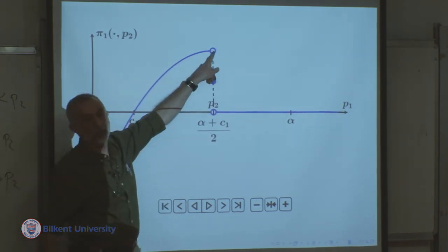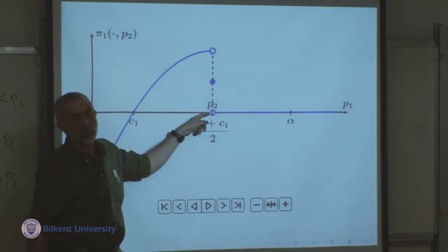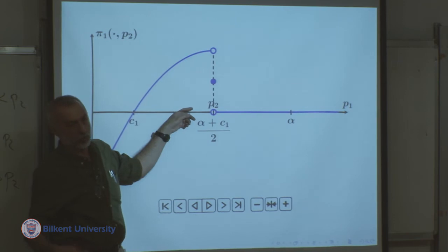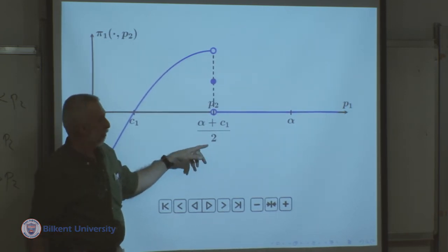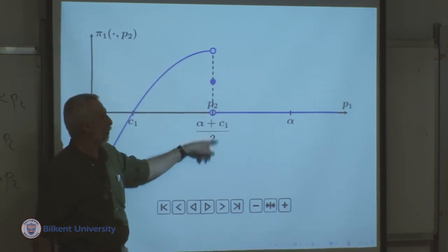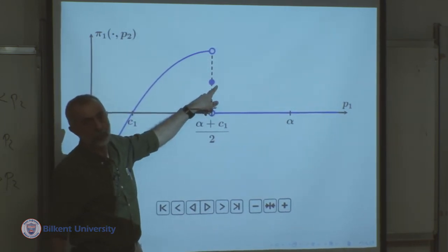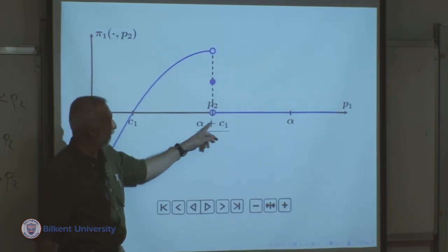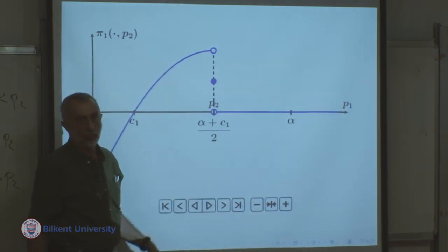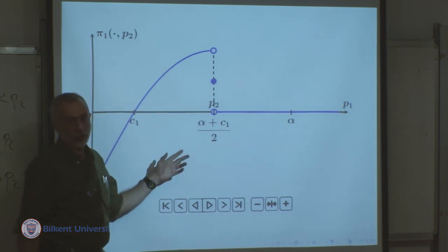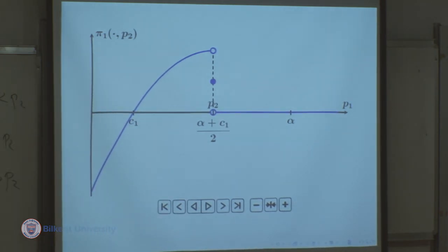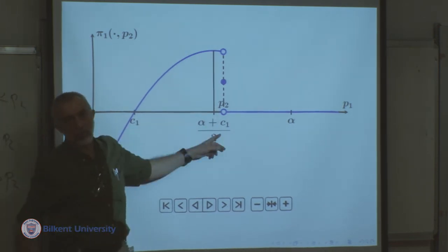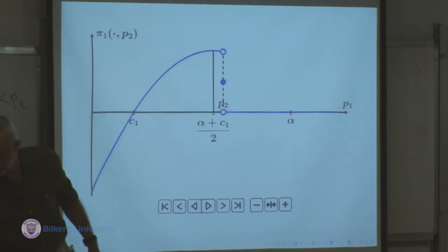Again, it doesn't have a maximizer. The closer I get to alpha plus C over 2, the larger the value of the function is, the higher the profit is. But when I hit alpha plus C over 2, profit suddenly drops. So when P2 is equal to alpha plus C over 2, firm 1 does not have a maximizer. But past that point, alpha plus C over 2 is a maximizer. Okay? So far, so good?